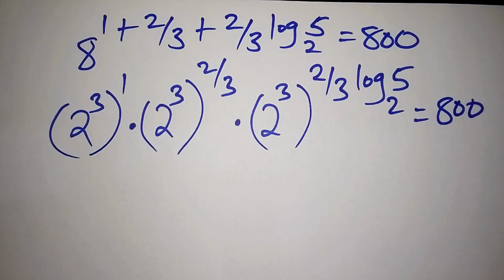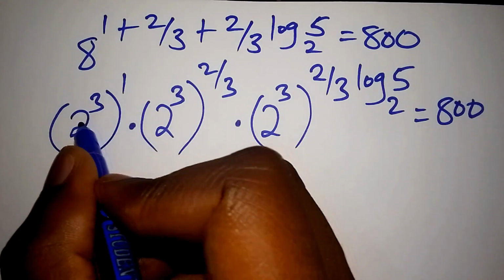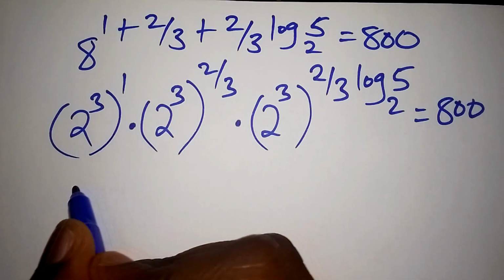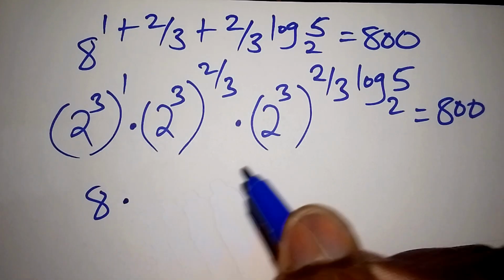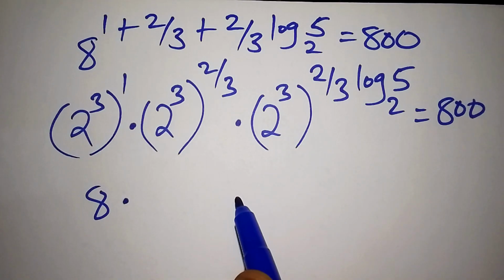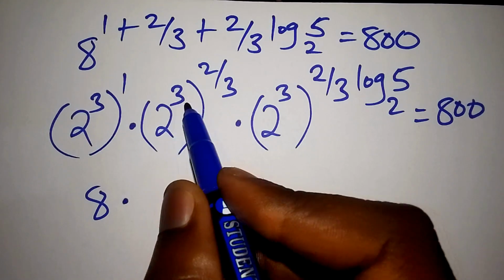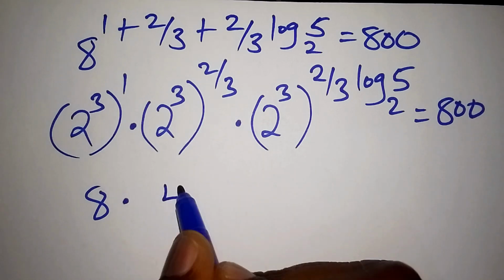Let's work it out within the shortest time possible. 2 to the power of 3 to the power of 1 gives us 8. Then multiply by the other part: 2 to the power of 3 to the power of 2 over 3 gives 4.